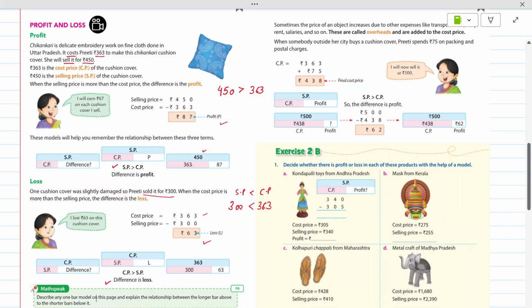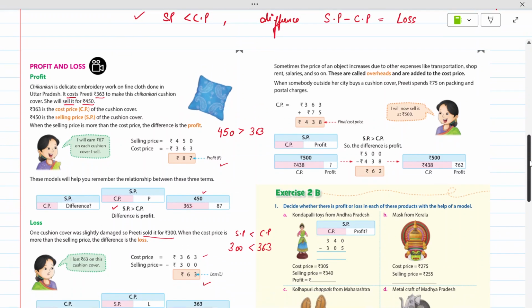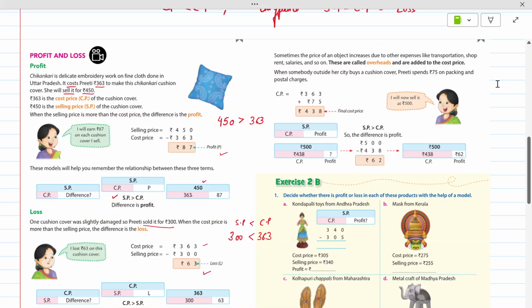Now kids, we have one more case here where we will learn about the overhead or the extra charges which we spend along with the cost price to make or maintain anything. So let us go through it. Sometimes the price of an object increases due to other expenses like transportation, shop rent, salaries, and so on.